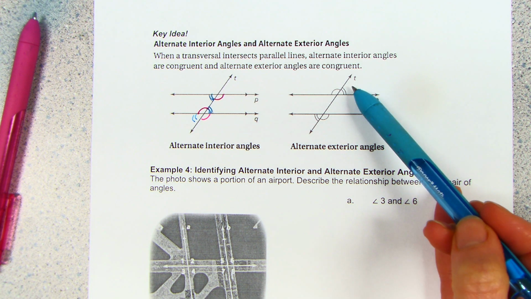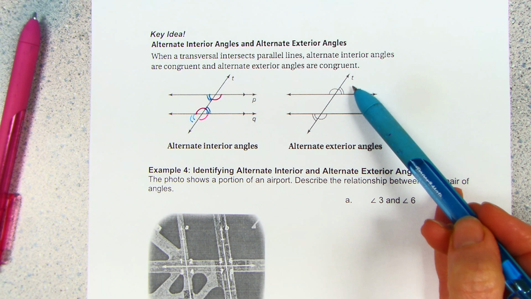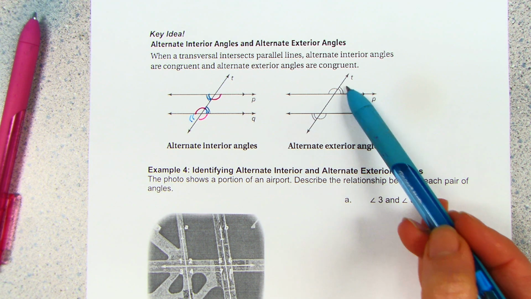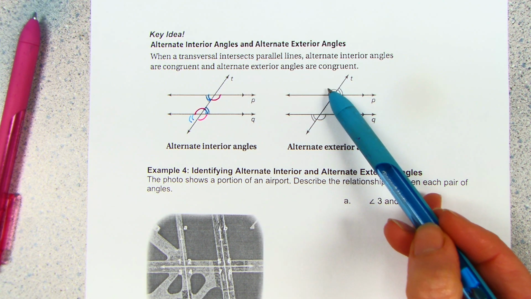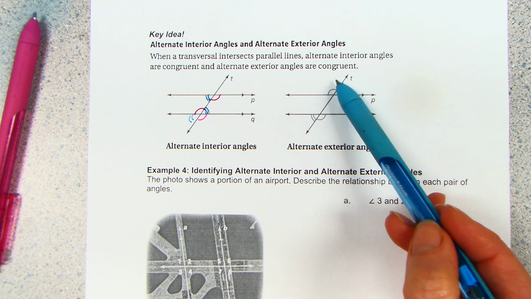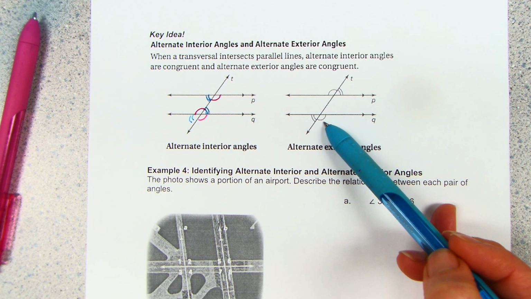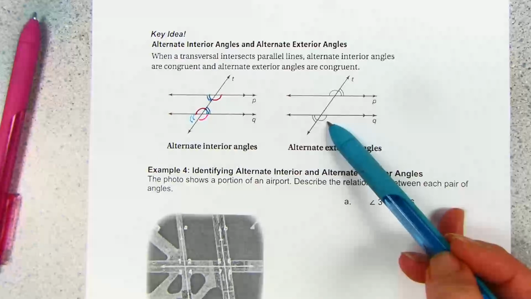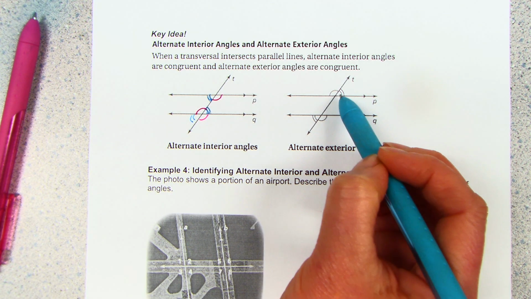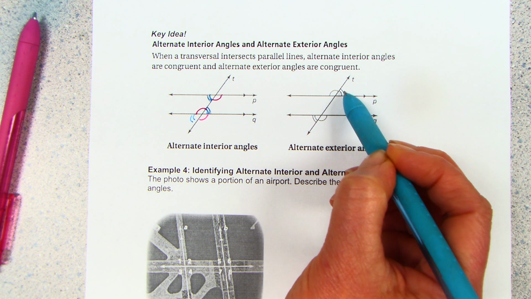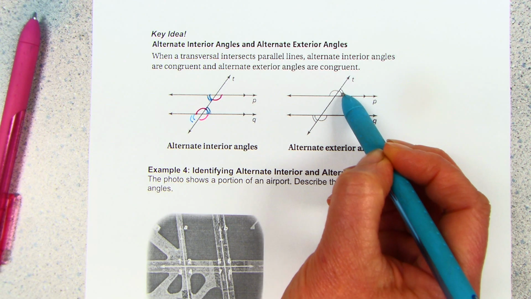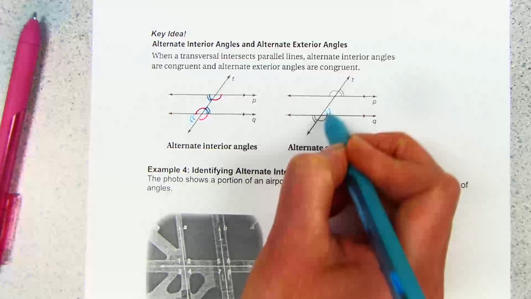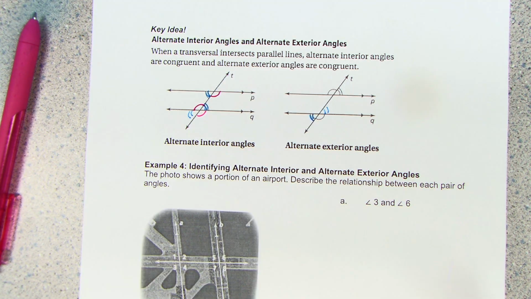So you've got an exterior angle on the top, and it's opposite down here on the left. These are equal. And the one on the top left is equal to the one on the bottom right. These opposite exterior angles are equal. And it's the same reasoning as before. This angle would be corresponding to this one, and then it's vertical to this one, so they're equal.